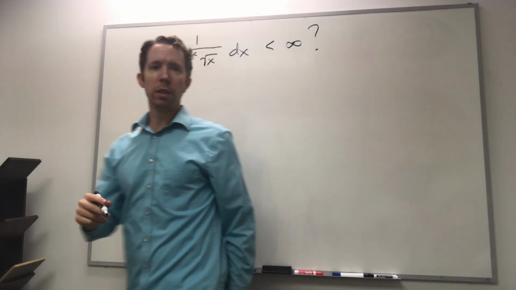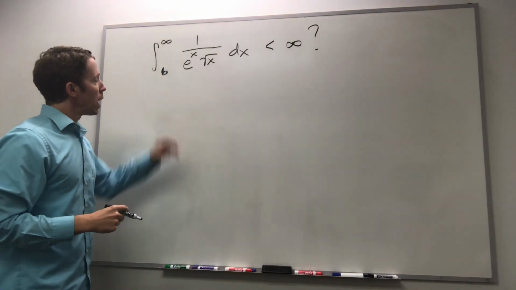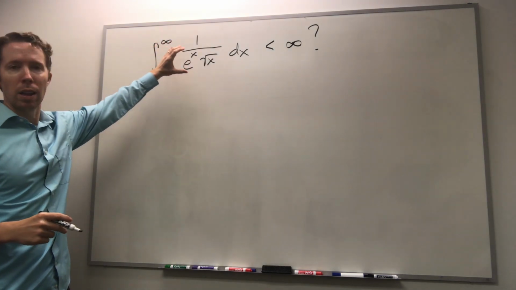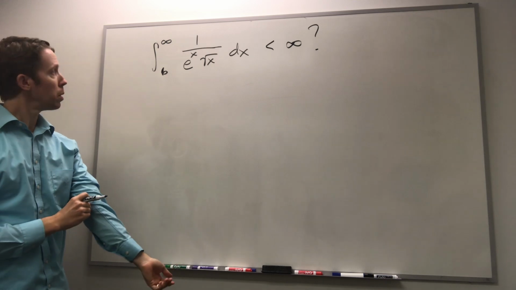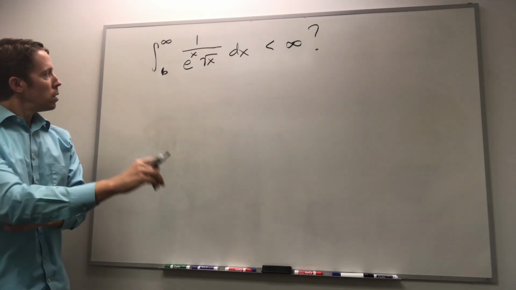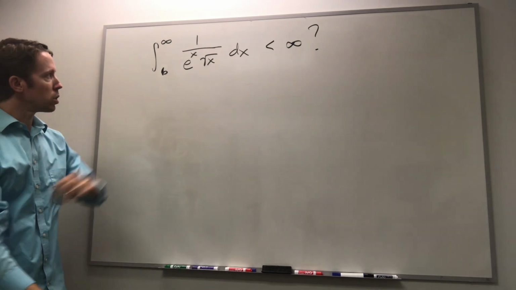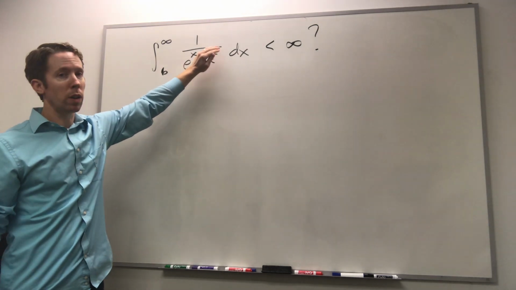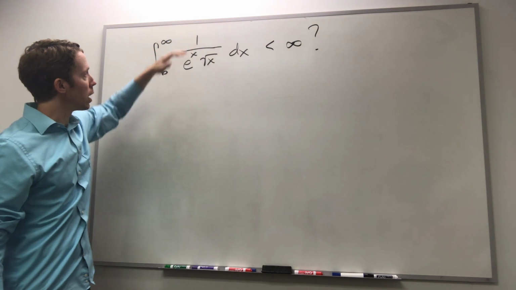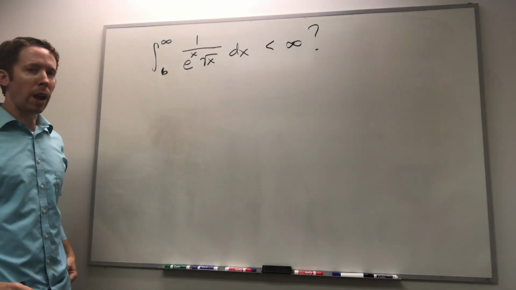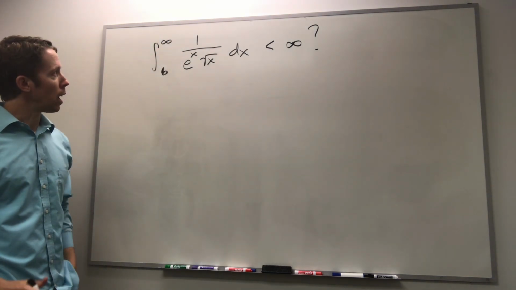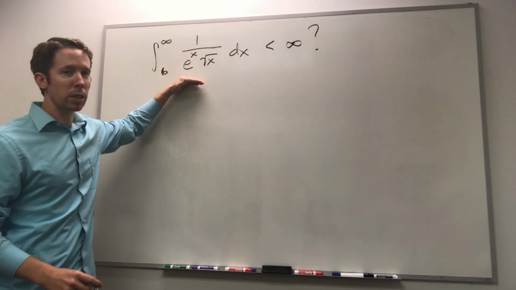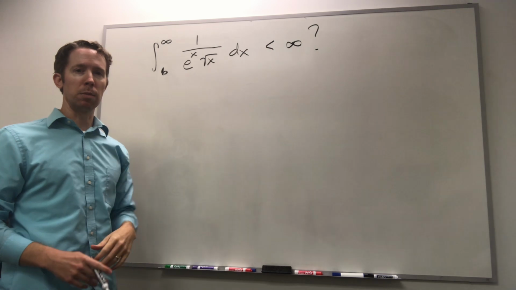So what I want to think of is a function that behaves sort of like this, that I can actually integrate and test fairly simply. What's giving me a hard time is the square root of x. If I just take the square root of x away and just look at 1 over e to the x, I want to think about what happens, because basically I'm wanting to know, do I expect this to be finite or do I expect it to be infinite?